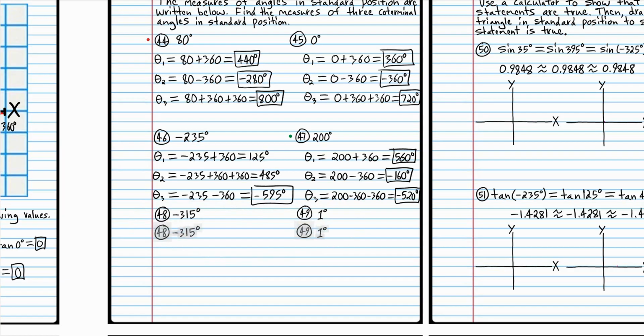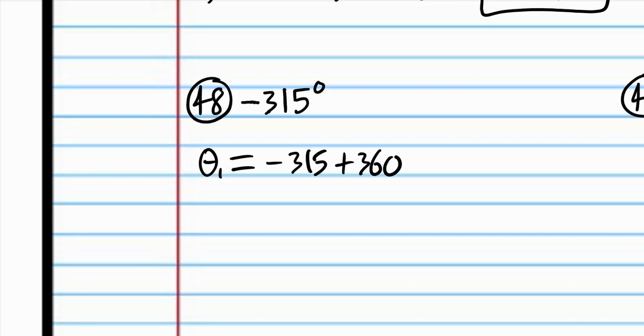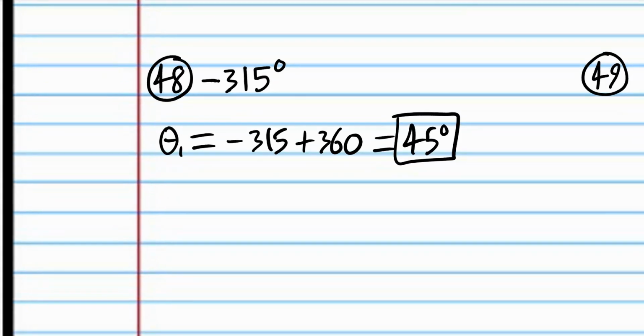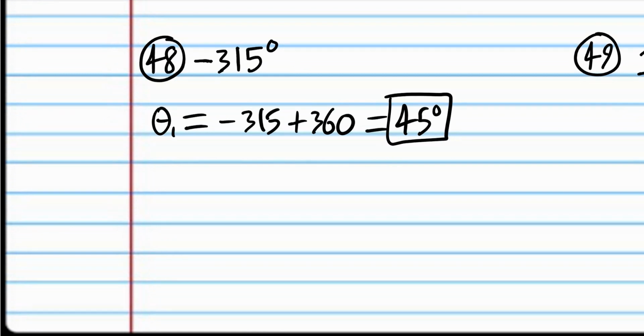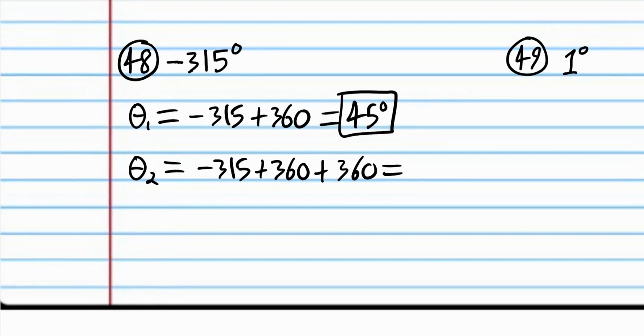All right, we're back. So let's try adding 360. And of course we get positive 45 degrees. Let's try adding 360 again. So we add it once, and then we add it twice, and that would be 405 degrees.